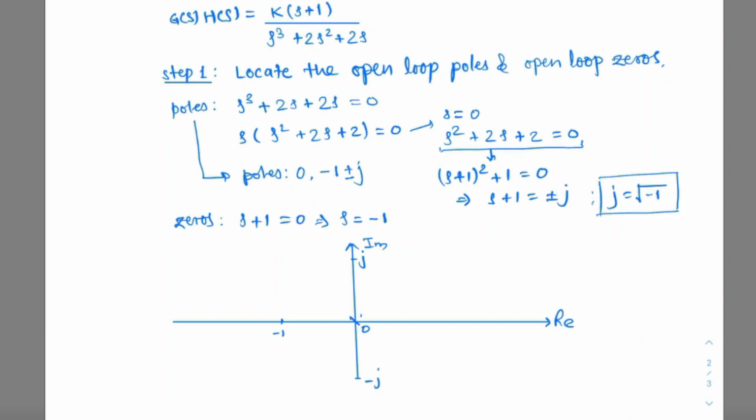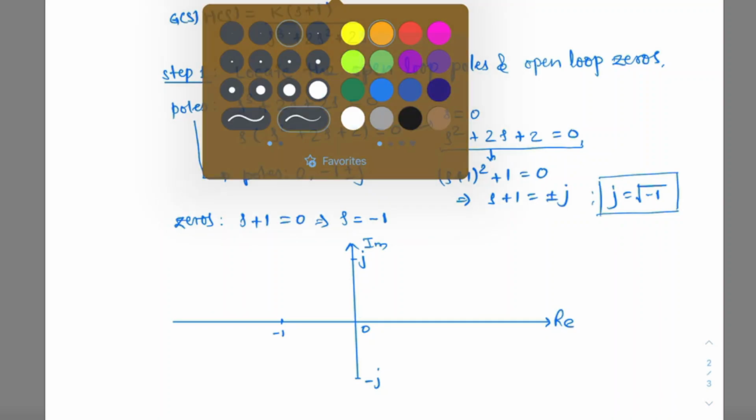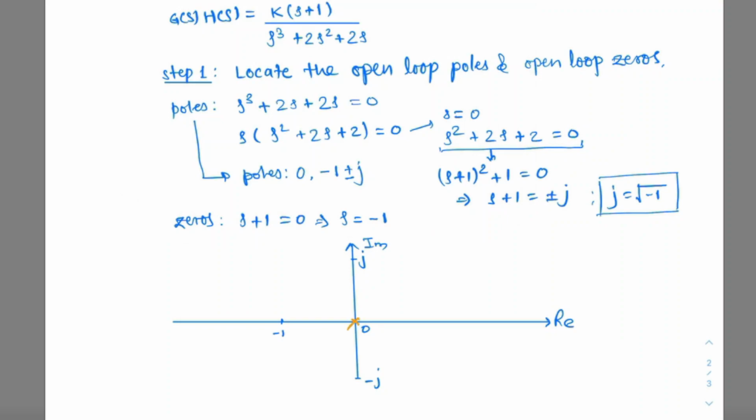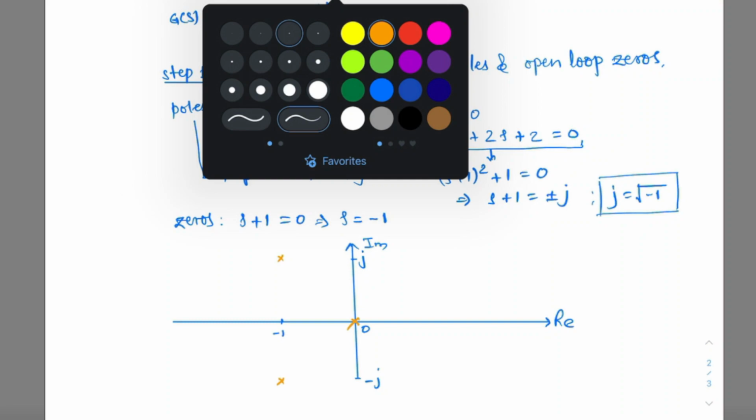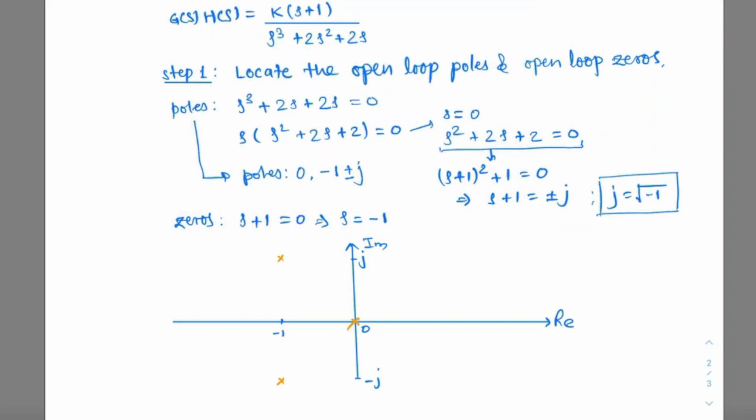Let's mark this pole with x. One is at here and another one is here. So these are our three poles: 0, minus 1 plus j, and minus 1 minus j. And let us also mark our zero at minus 1.